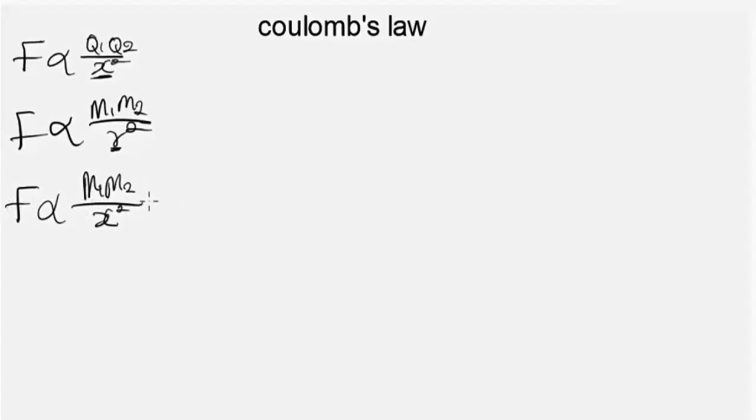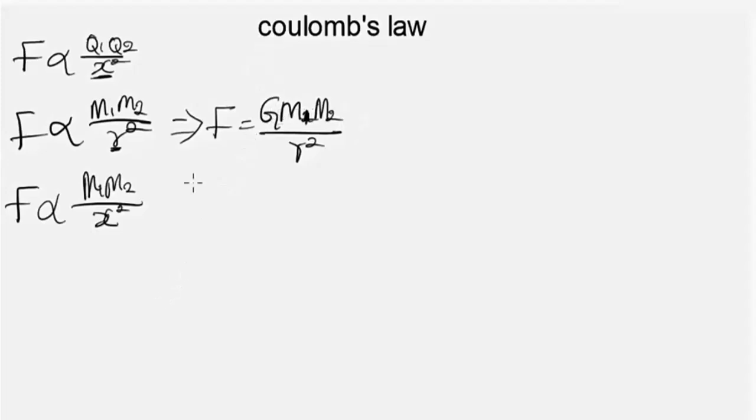Alright, so now I'll simply put this up as an equation. I'll have F equals G m1 m2 over r squared, where G is the universal gravitational constant.